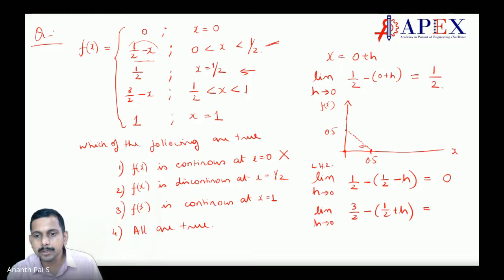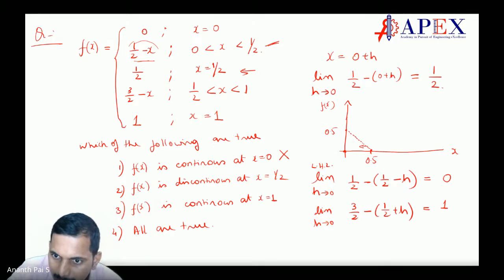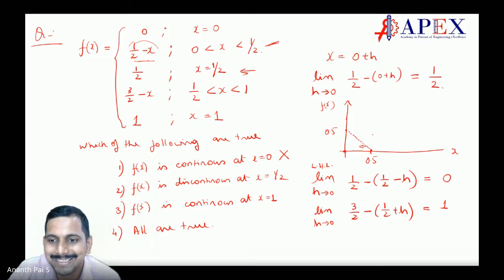What is 3 by 2 minus half? 1, is it not? So as a limit over here, it is 1. Makes sense? So as a limit, it will go to 1.